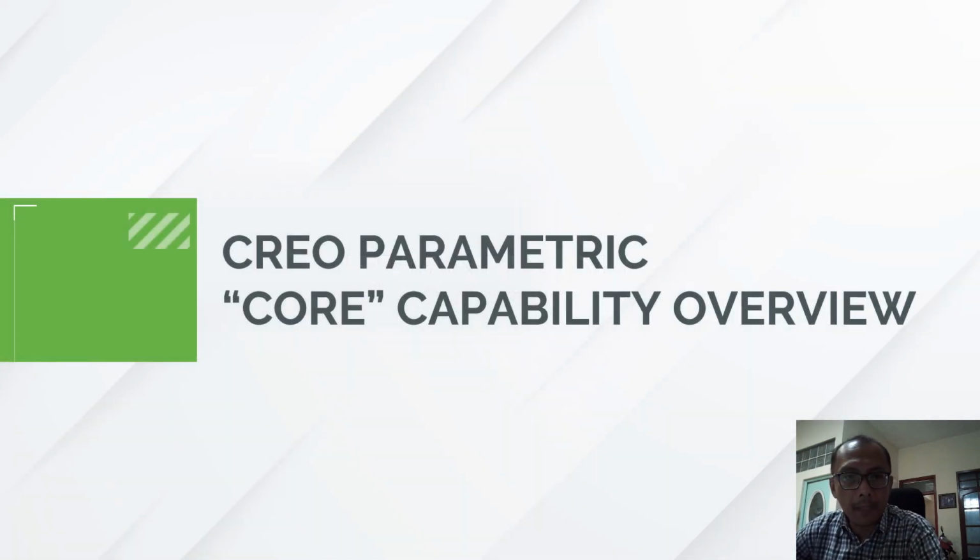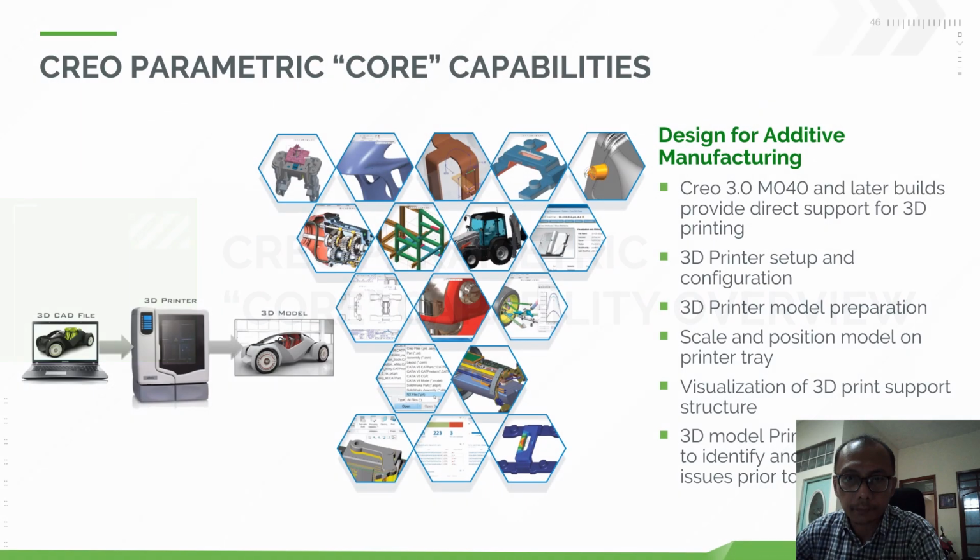So for the summary about the Creo parametric core capability overview, especially for the manufacturing capability, the essential package includes dedicated functionality to support and enable 3D printing.